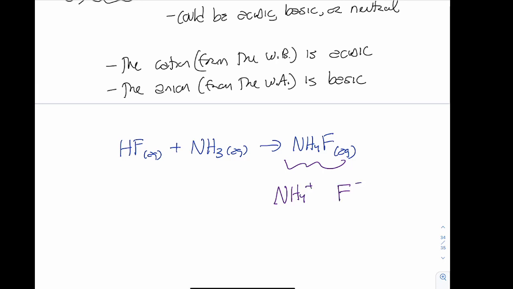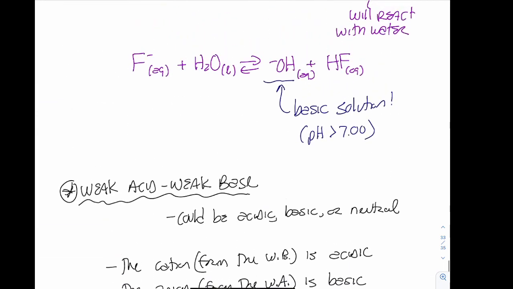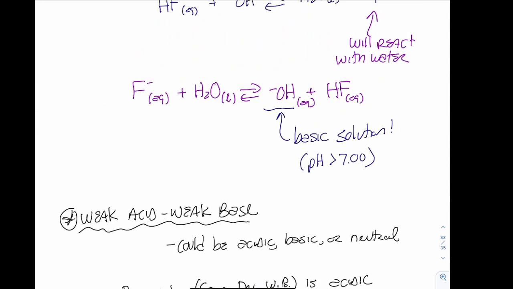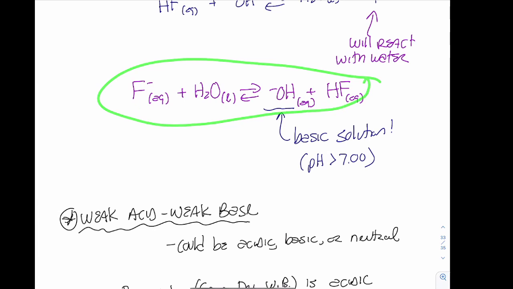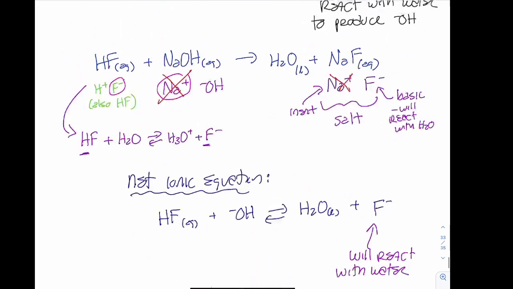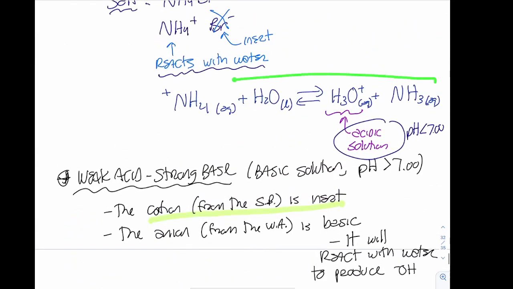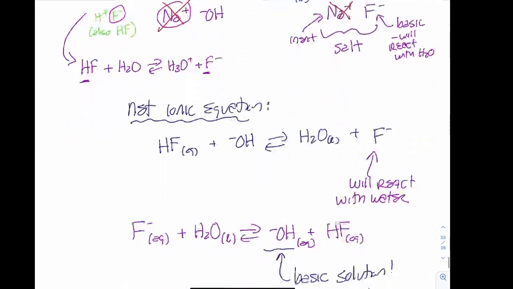And we've already written both of those reactions. If we go back up, I know F minus reacts with water to produce hydroxide ions, giving us a potentially basic solution. I know that ammonium ions react with water to produce hydronium ions, giving me a potentially acidic solution.